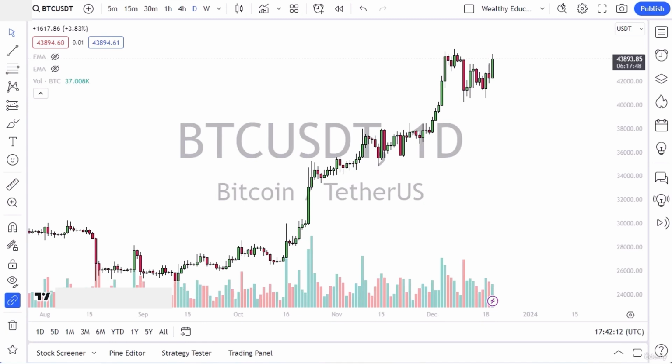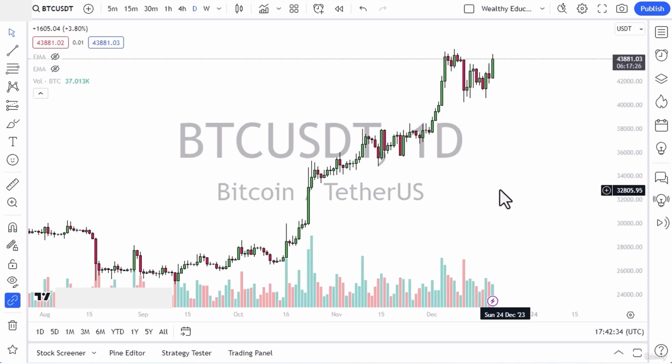In this video, we're going to take a look on the TradingView platform as to how to use the drawing tools. Now, drawing tools, there's different types of tools, but generally what you're going to be drawing, for the most part, is going to be support or resistance, but there are trend lines.